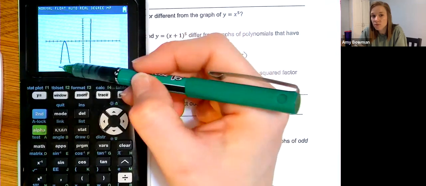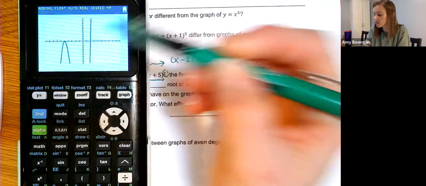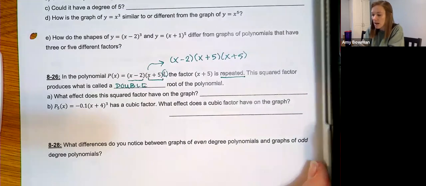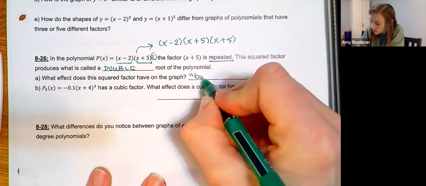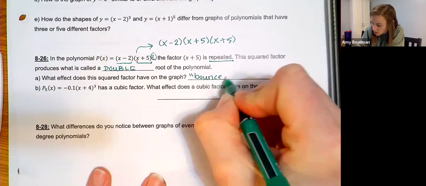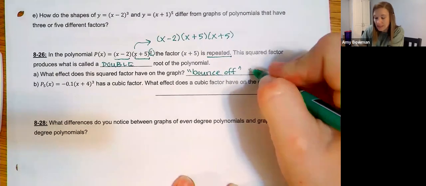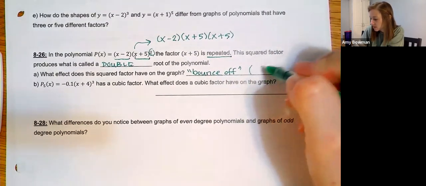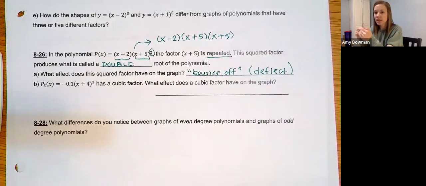So those are always bouncing off of the x-intercept at those points. So these double roots bounce off. That's not an official math term. The technical term would be they deflect. So those roots deflect away.